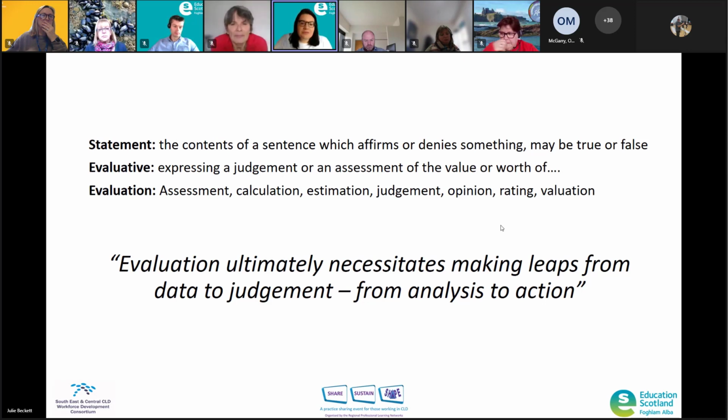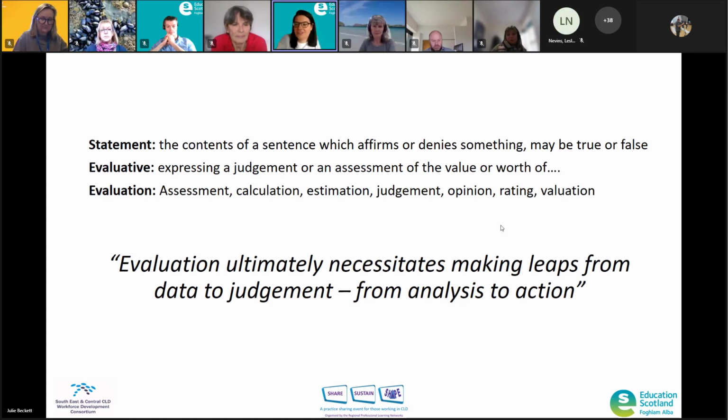We thought it would be interesting looking at the words that were in the word cloud to look at the dictionary definitions of the words statement, evaluative and evaluation. And we'll see there's lots of words similar to ones that were used in the word cloud. So we thought that was interesting to highlight. Yeah, and lots of words that didn't feature in our word cloud that do feature in the dictionary.